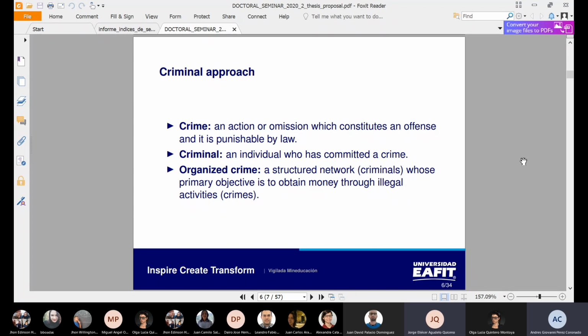And organized crime is a structure of criminals whose primary objective is to obtain money through illegal activities. We are just going to speak about organized crime that follows money. The crimes that are political crimes, racial crimes, and don't follow economic issues, we don't use.